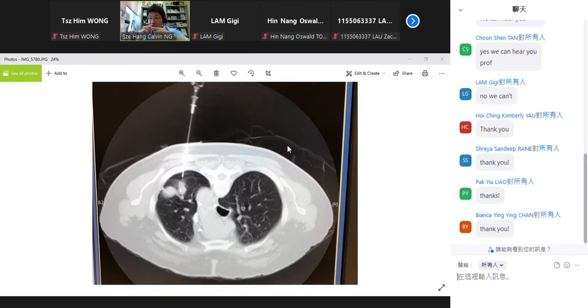So for size, you're talking about 1 cm or larger in the short axis of the lymph node. Lymph nodes are usually oval in shape, and the shorter axis of the lymph node, if it's 1 cm or larger, then it may suggest that it is diseased with metastasis.